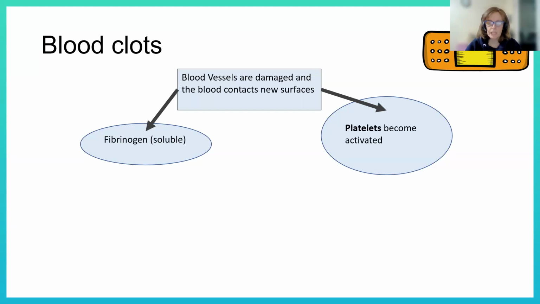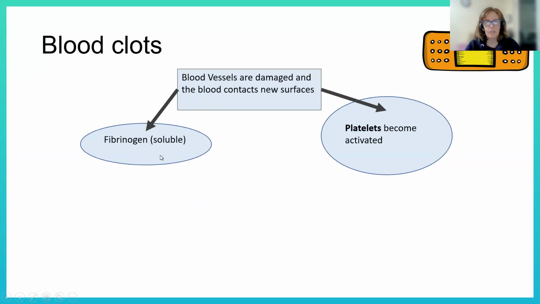You can't really see them in blood because they're dissolved. This is one of them here, fibrinogen. It's soluble, it's dissolved. And these platelets are not actually cells, they're bits of cell cytoplasm that are pinched off, but nonetheless they're floating in this plasma as well with this dissolved fibrinogen and lots of other stuff too.